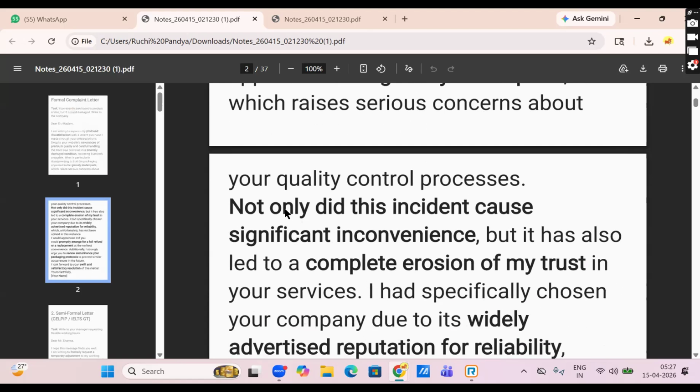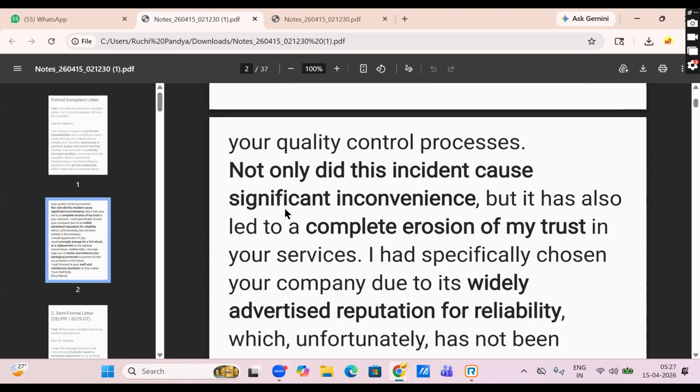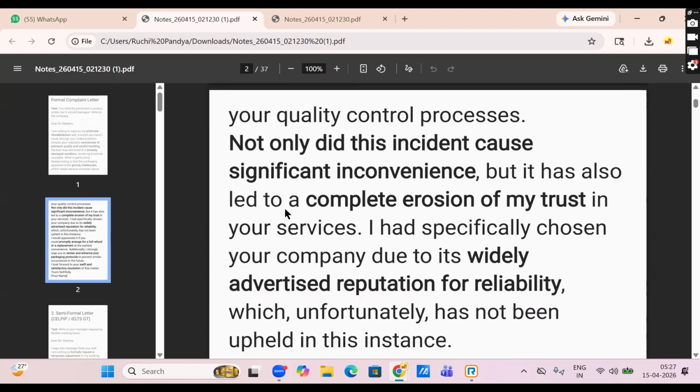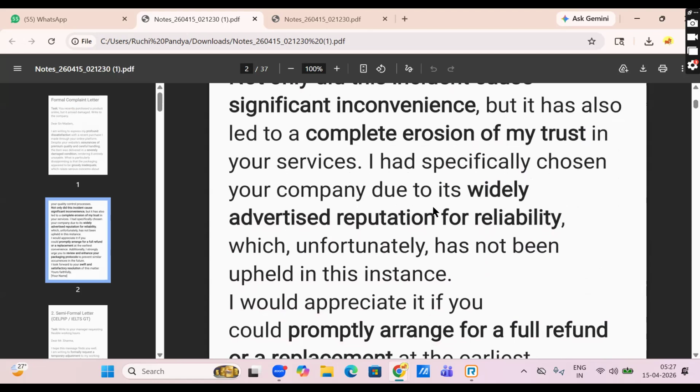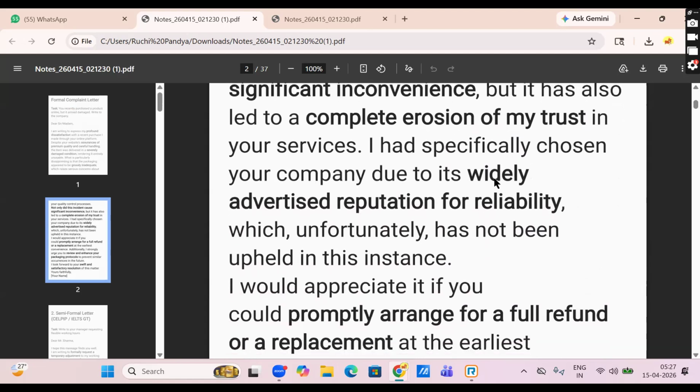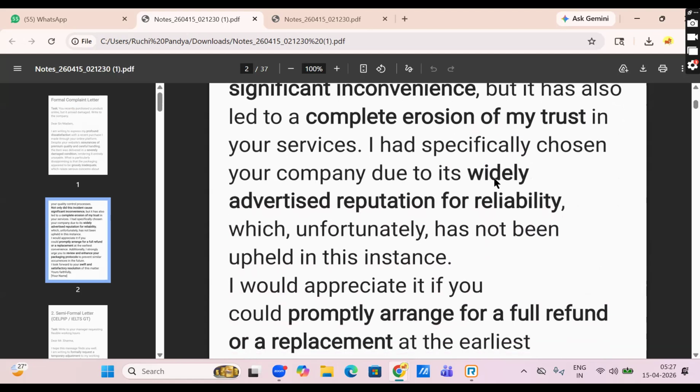Not only did this incident cause significant inconvenience, but it had also led to complete erosion of my trust in your services. I had specifically chosen your company due to its widely advertised reputation of reliability, which unfortunately has not been upheld in this instance.